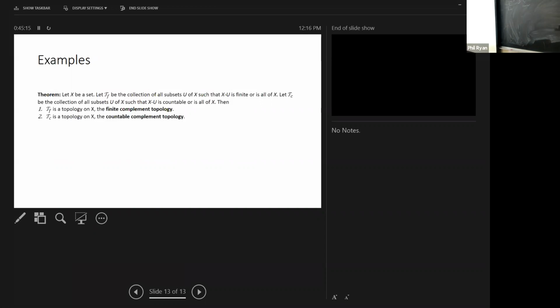Okay, so let's have a look at some maybe non-trivial topologies.